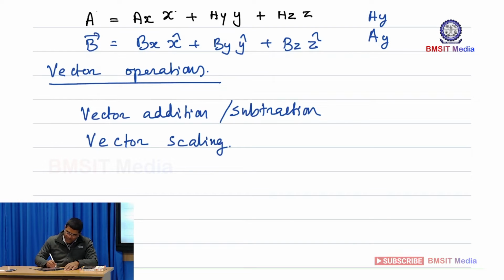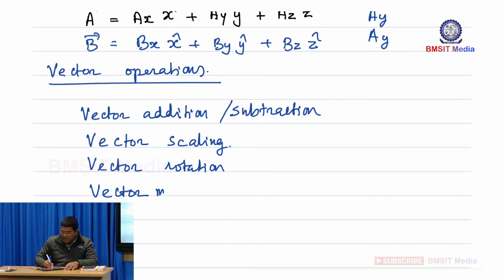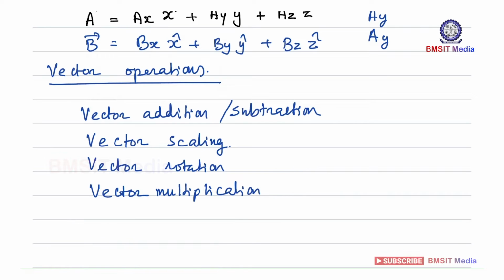Then we can say vector rotation. Then we have vector multiplication. Then integration and differentiation of vectors are also possible.